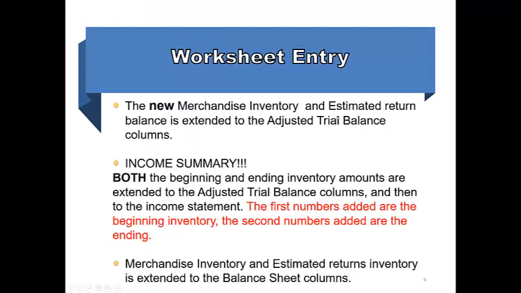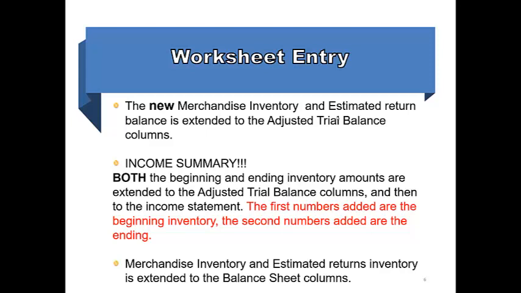Now the worksheet entry for the inventory accounts and the adjustments looks a little bit different from what we've seen before. What you have to remember is you're going to have in each inventory entry a debit to income summary and a credit to income summary, and they'll be on the same line.